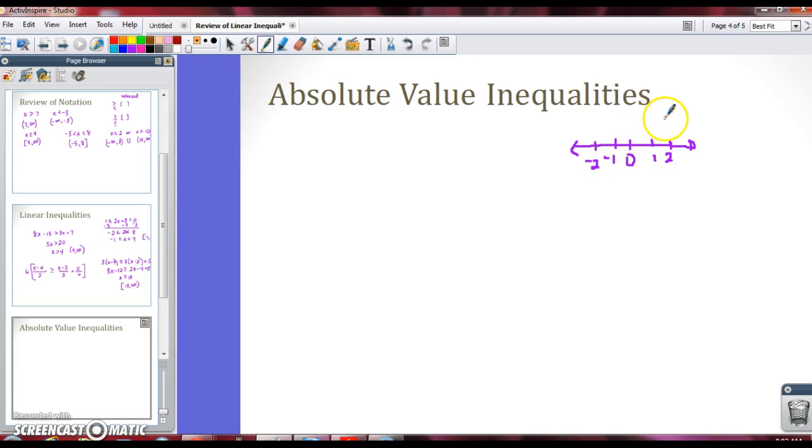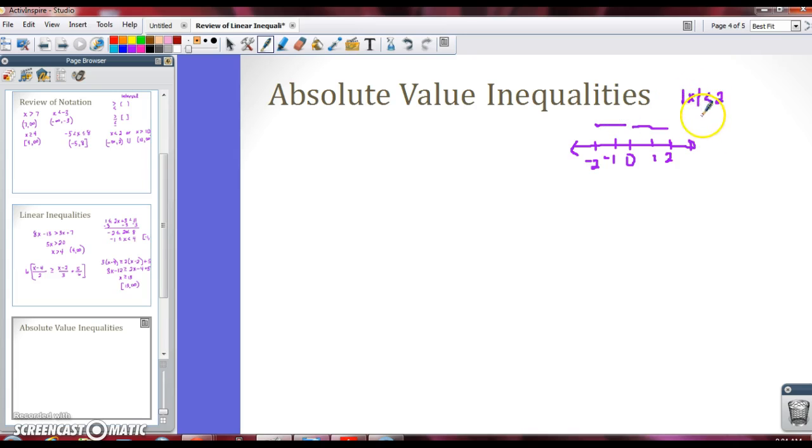When I say that the absolute value of x is less than 2, remember absolute value is your distance from 0 on the number line. Okay, so if I'm saying it's less than 2, that means it can be on this side of 0 or on this side of 0.